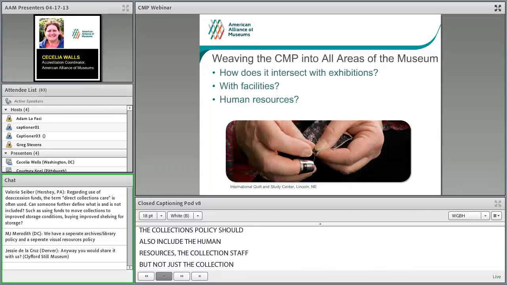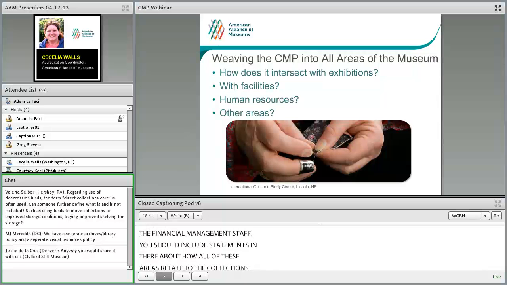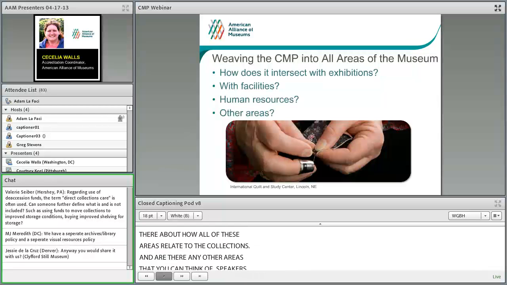You should include statements in there about how all of these areas relate to the collections. And are there any other areas that you can think of, speakers, that should be woven into the collections policy?